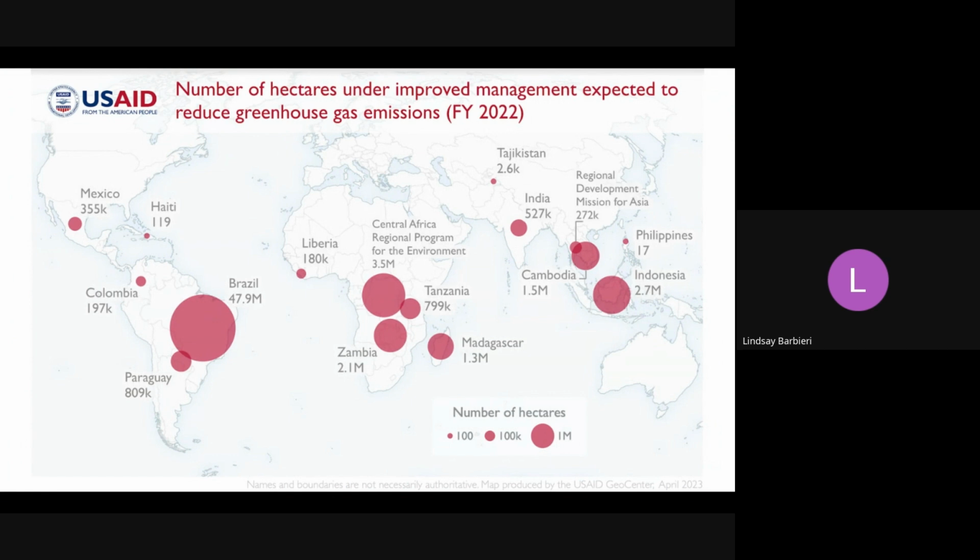This demonstrates that once we have all of this robust geospatial information, we're able to summarize it and show an overview of the hectares being reported. So if we go to the next slide.